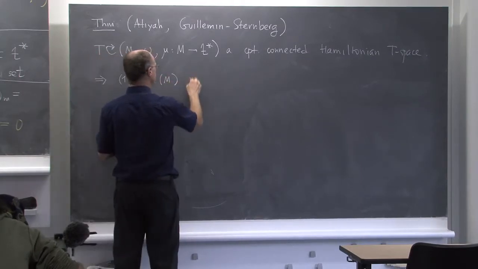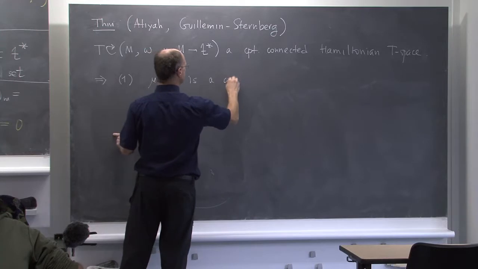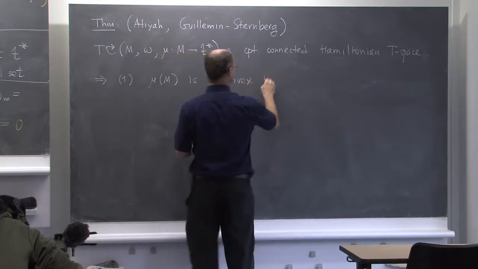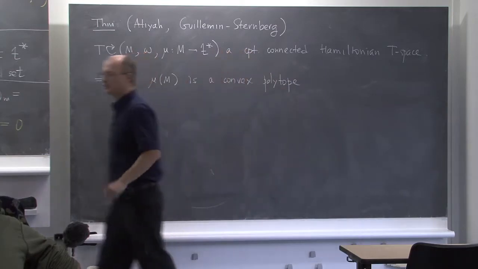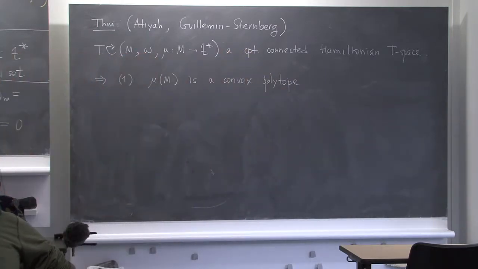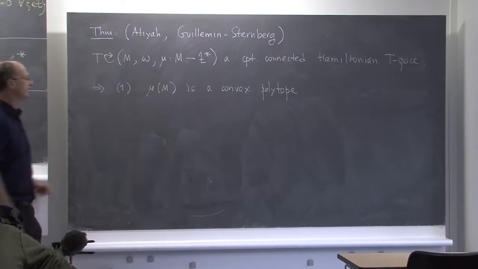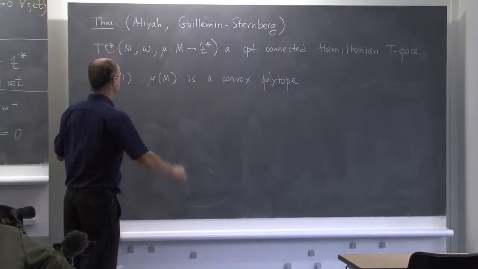First of all, the image of M is a convex polytope, that is, an intersection of a finite number of half spaces.